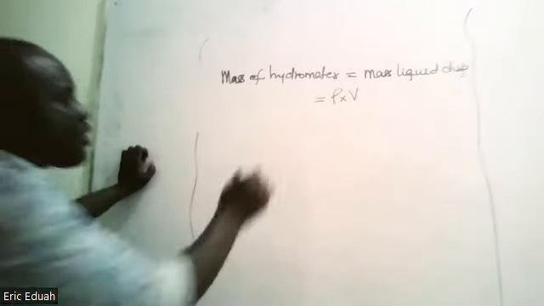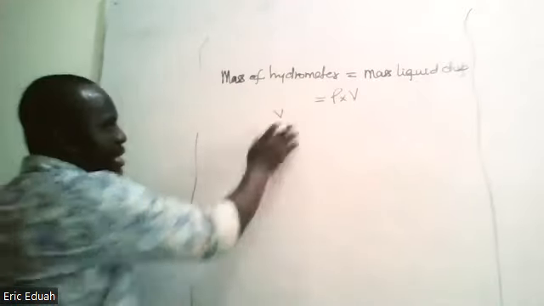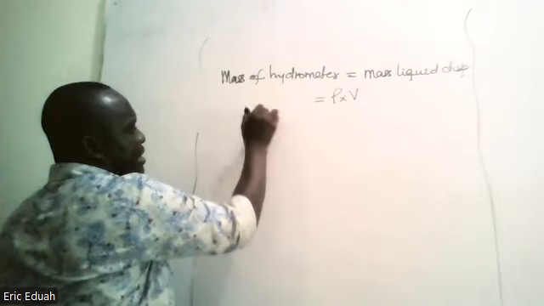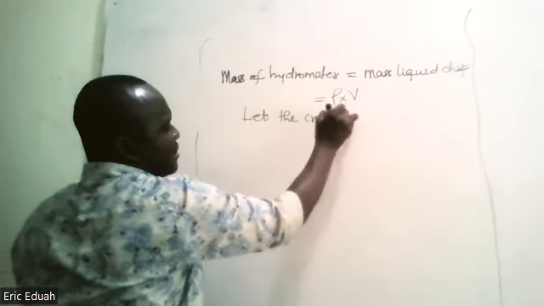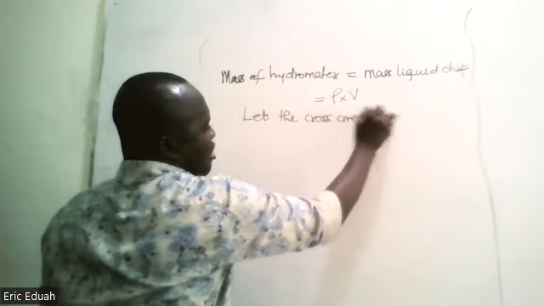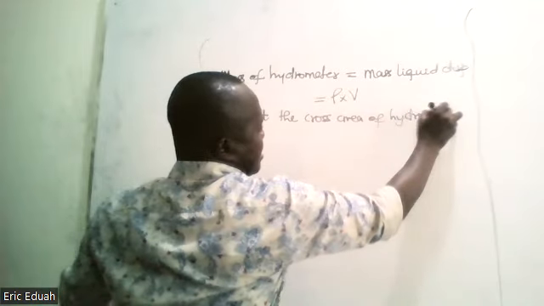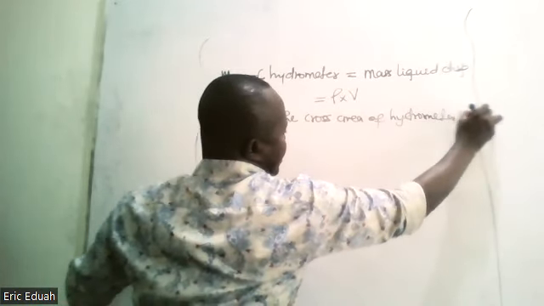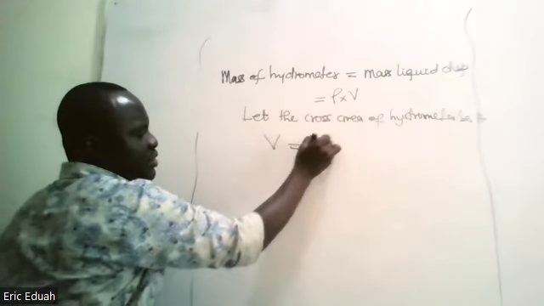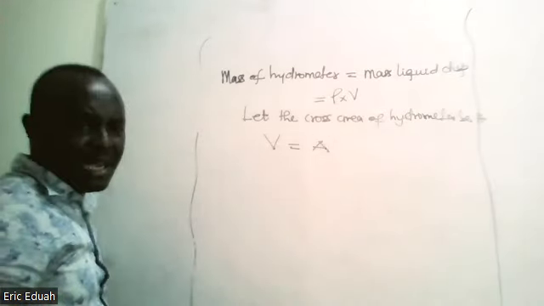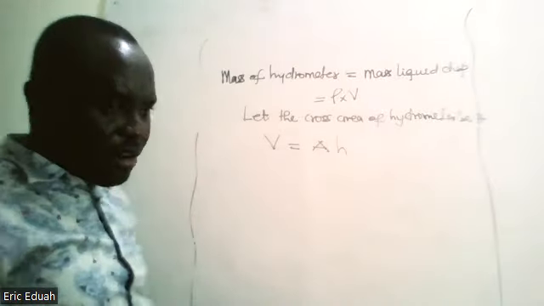Okay, because the hydrometer has a uniform cross-sectional area, let the cross-sectional area of the hydrometer be A. Then its volume would be equal to the uniform cross-sectional area times the height of immersion.